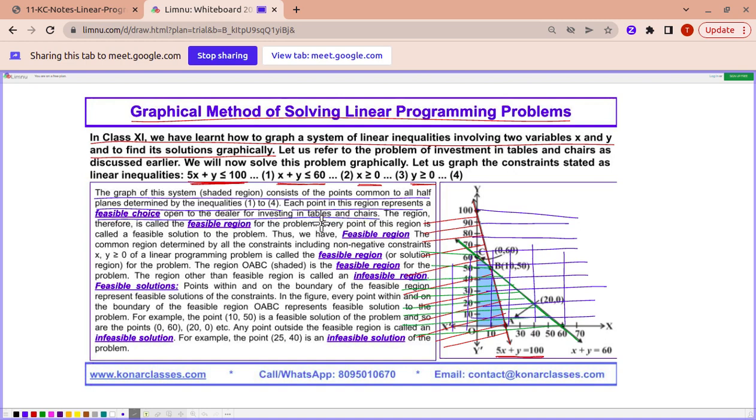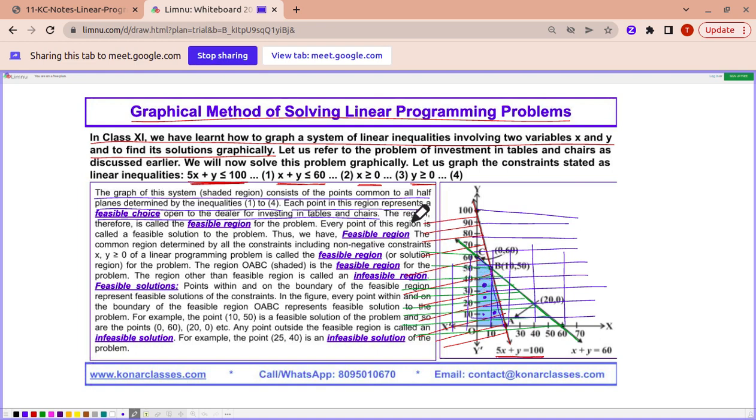That means what? So this is the solution region, this shaded region. Now if you take a point here, the values of x and y could be a solution. The value of x represents the number of tables, and y represents the number of chairs. So any point in this shaded region could be a solution. These all are feasible choices.